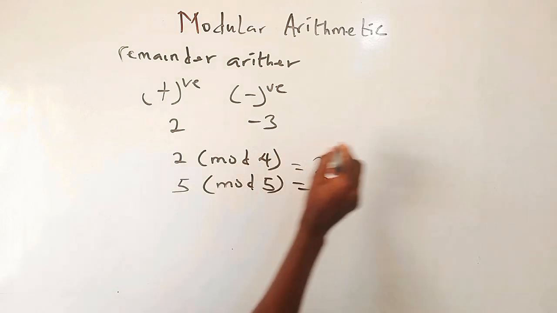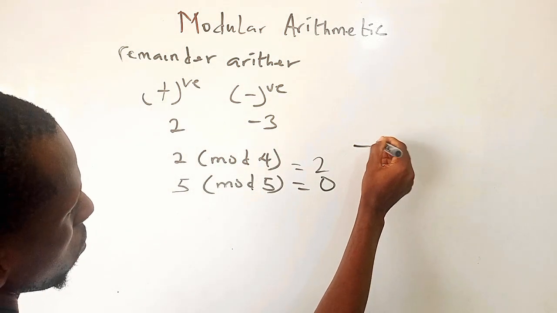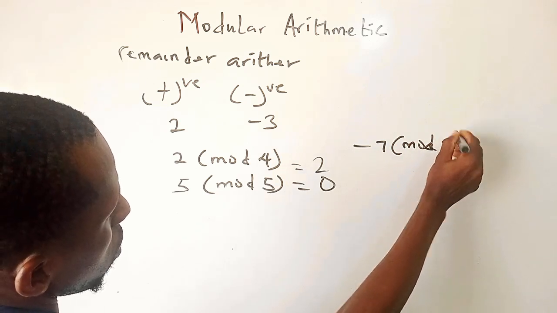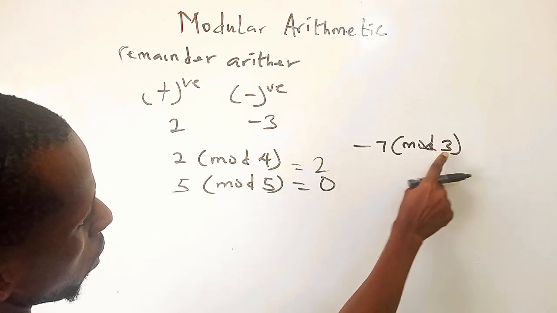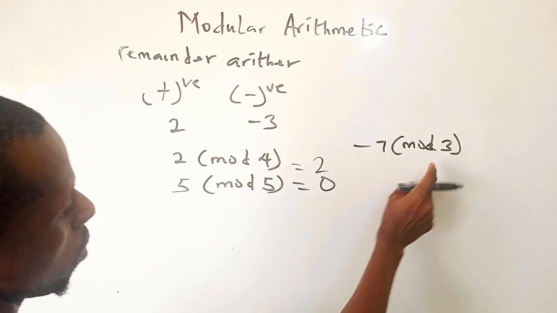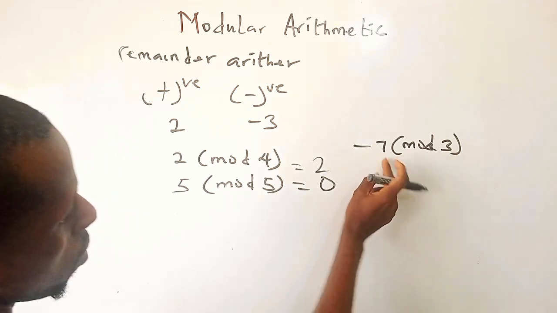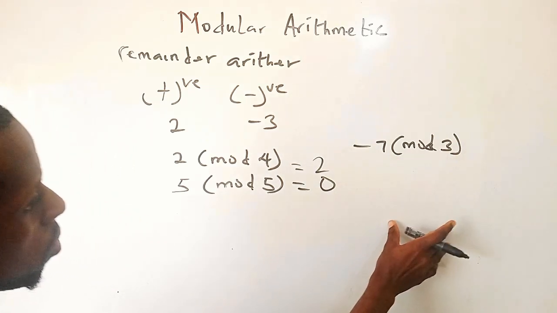In the case we have a negative integer, let's say -7 mod 3, the integer is negative and the modular number is 3. So what do we do from here? We keep adding 3 to this negative integer until we arrive at the first positive integer.